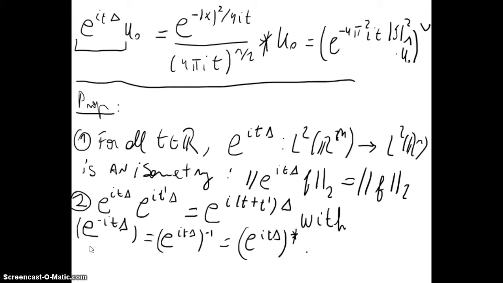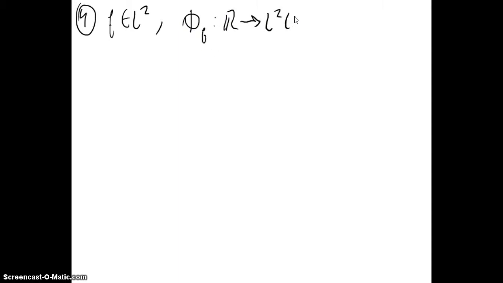Okay, and the third one is that e^(i0Δ), what we are expecting is that this is 1. Okay, and the fourth one, if we fix f, then the function phi of f goes from R to L2(Rn).